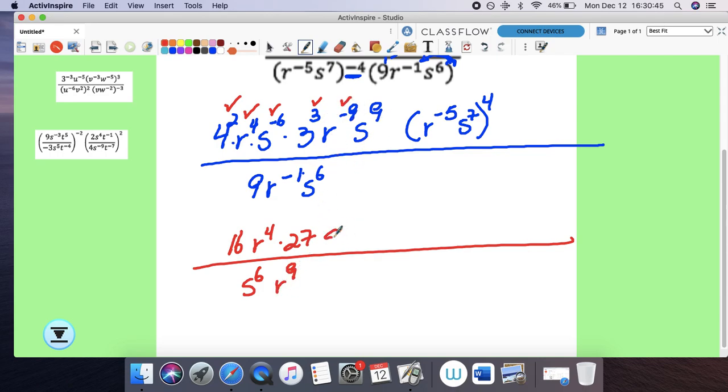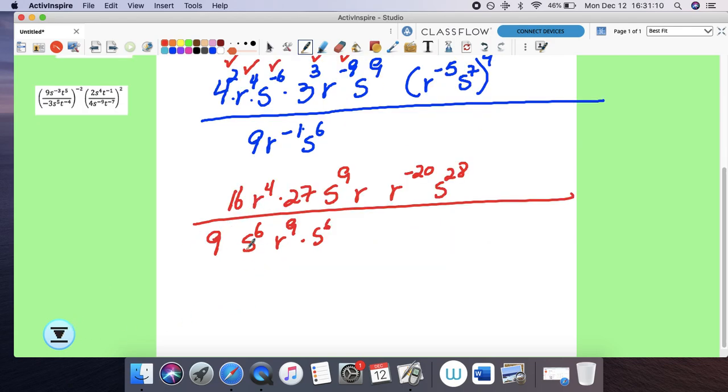S to the 9 stays up. Over here, 9 can stay here, right? R to the negative first power goes up. S to the 6 stays down. Okay. Then we have to take care of this. So this, now that it's positive, we get r to the negative 20, s to the 28.